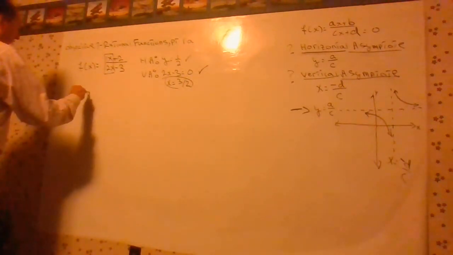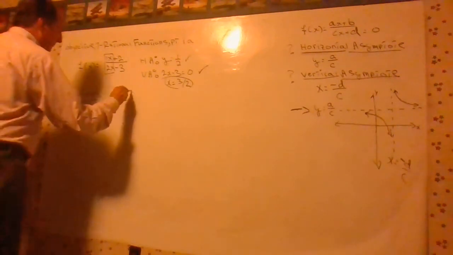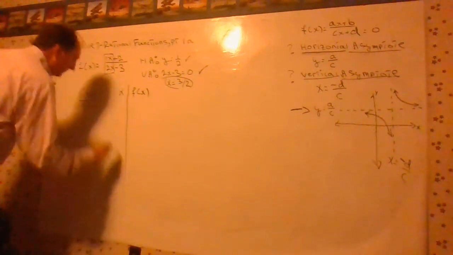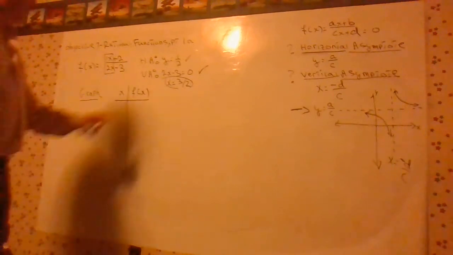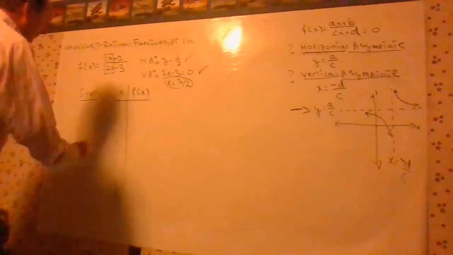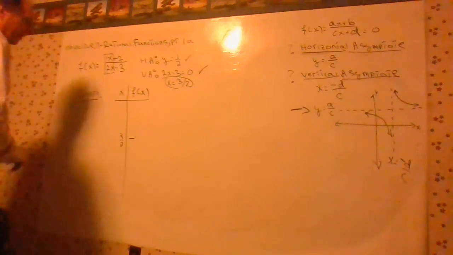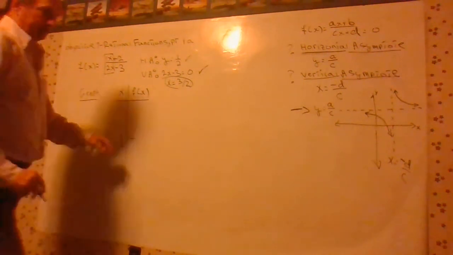Suppose we want to graph. This is what you'll do in your packet. We're going to put 3 halves in the middle. And that part is undefined. And that's a dividing point.